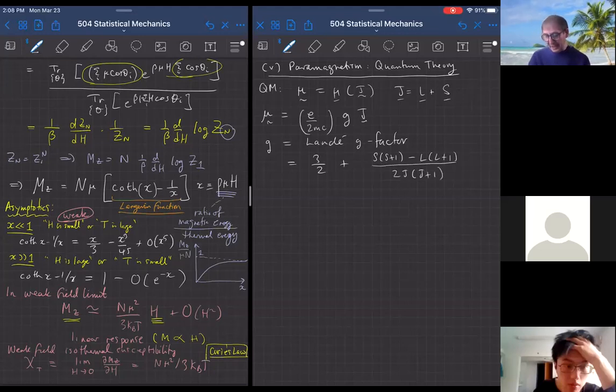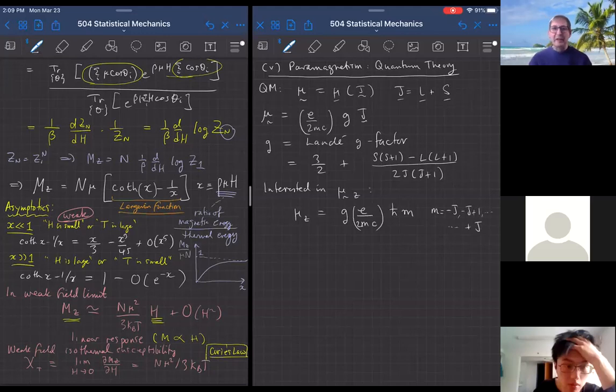That's how you compute that, and what we're interested in is the z component, which is given by the magnetic quantum number. So mu z is equal to the Landé g factor times e over 2mc, times h bar times m, where m is the quantum number and runs from minus j to minus j plus 1, and so on, all the way up to plus j.